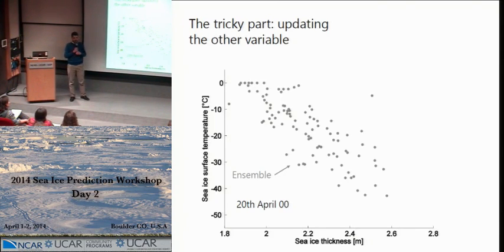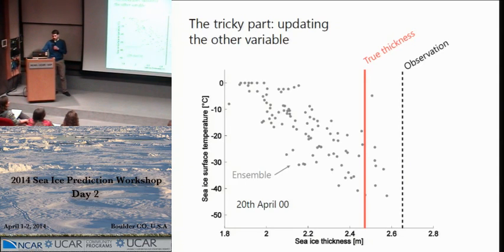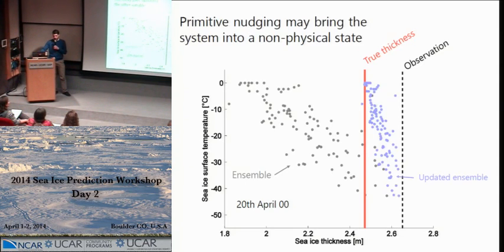I have relationships between my 2 variables, sea ice thickness and surface temperature. And when you do simple nudging, if you have an observation somewhere of sea ice thickness, what you do is just bring the gray dots closer to observations, but you forget one important thing. You don't update the temperature of the ice at the surface. And what you do if you do simple nudging is that you just break the relationship in your model between the 2 state variables.